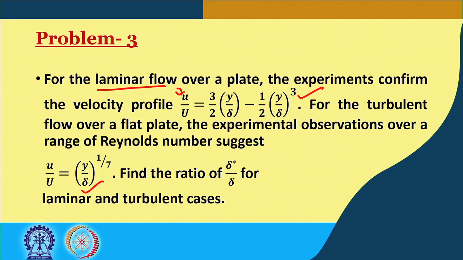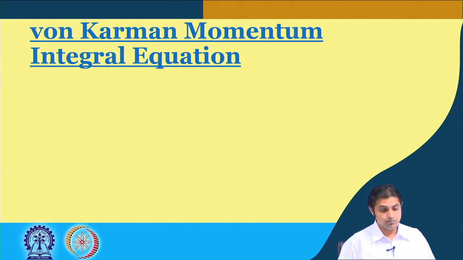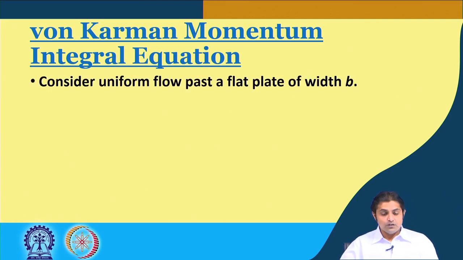All right, so this question is complete, and now we can proceed to another topic, that is the von Karman momentum integral equation. So, what we do is we consider a uniform flow past a flat plate of width b.